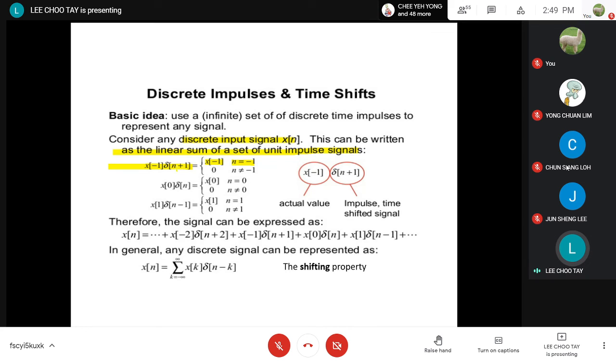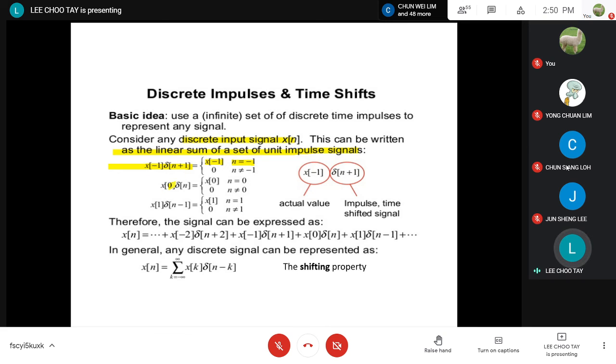If n is not -1, the delta function is 0, and 0 multiplied by x[-1] is always 0. So I can represent this signal x[-1] by the expression x[-1] multiplied by delta[n+1].